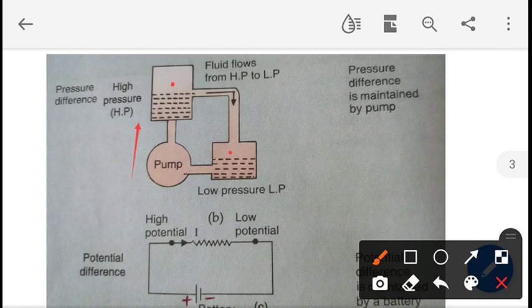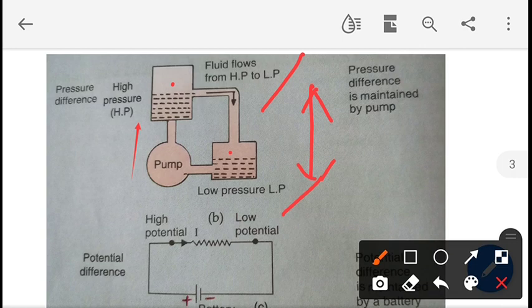What is the pump actually doing here? It is creating a pressure difference. This point is at high pressure and this point is at low pressure, and there is a pressure difference. Due to the pressure difference, water is flowing.